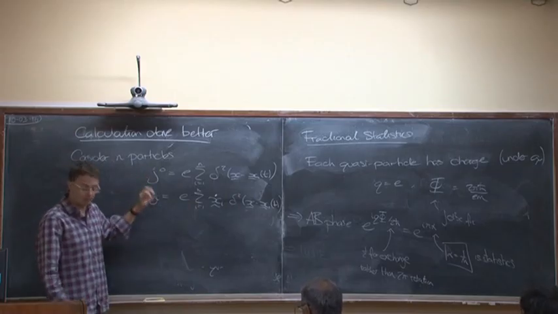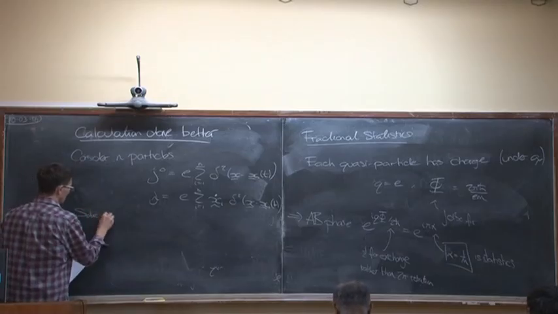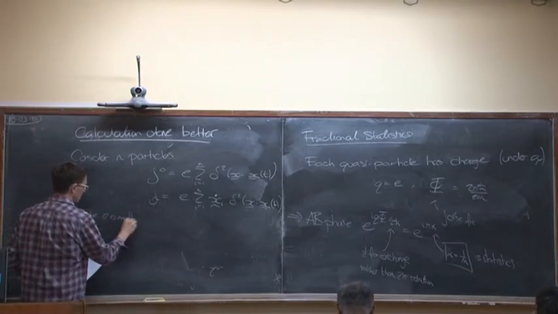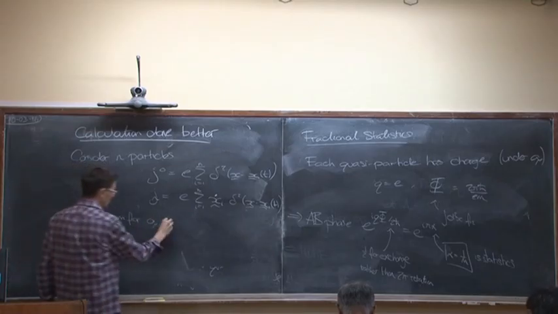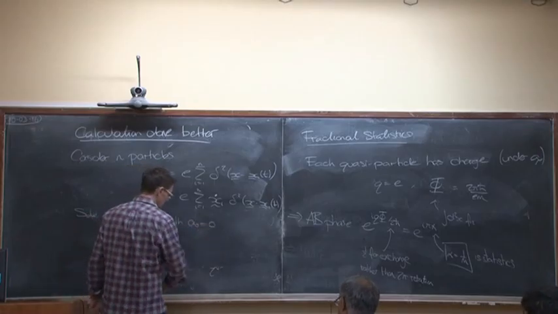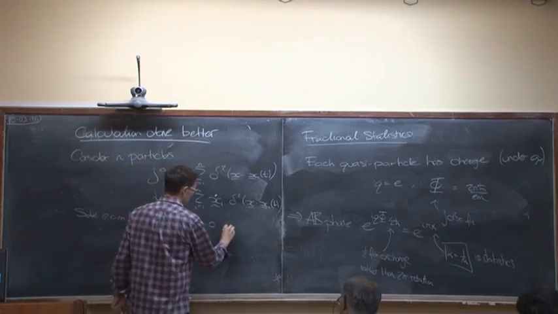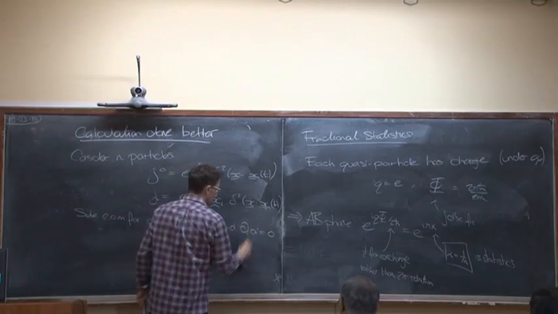The equation of motion for the Chern-Simons gauge field. So solve the equation of motion for A mu. Useful to pick a gauge, and the gauge we'll pick is A0 equals 0, and the divergence of A_i is 0.